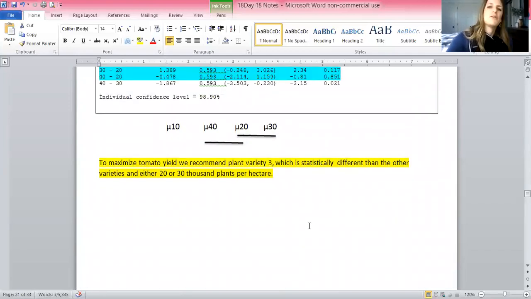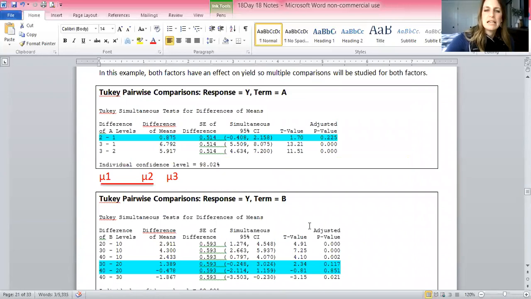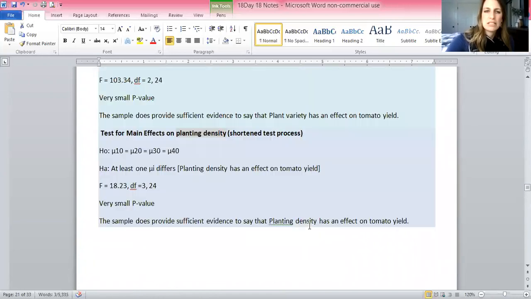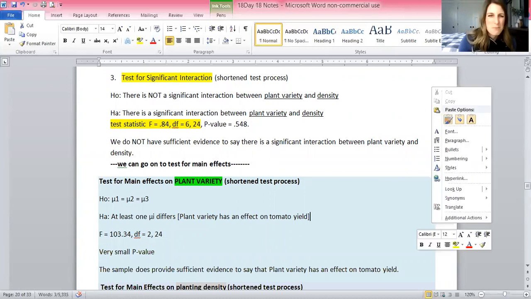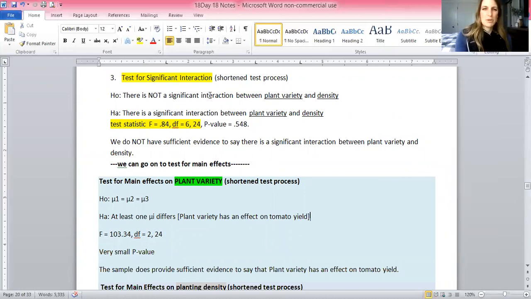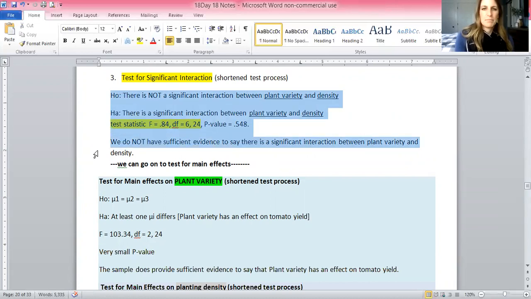Okay, so I hope that helps with that. And I just wanted to look back here at these write-ups. We have 3 test write-ups right here. This first one is my test for significant interaction. It's short, right?